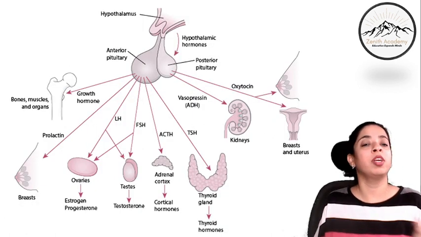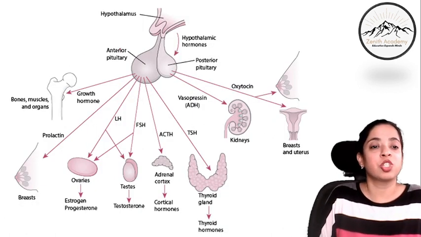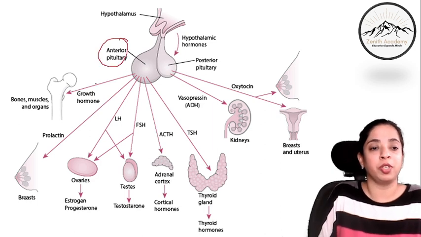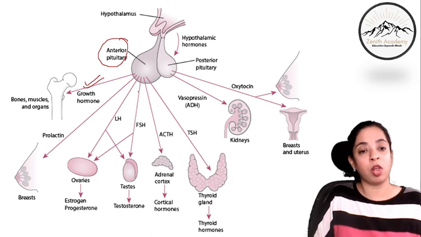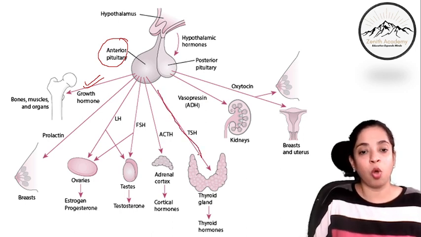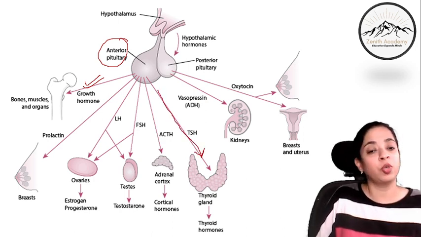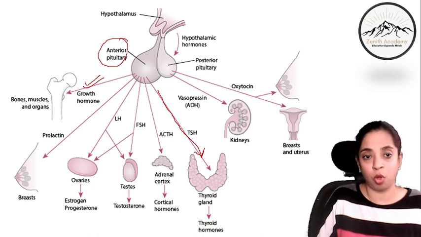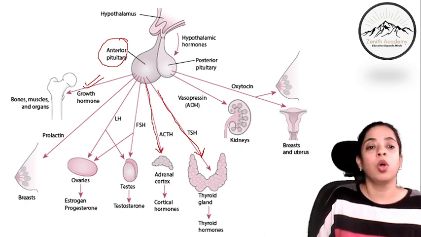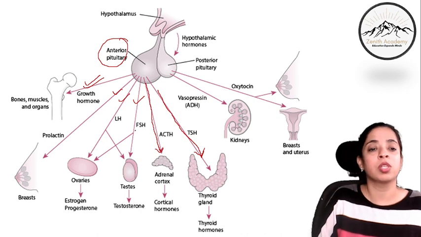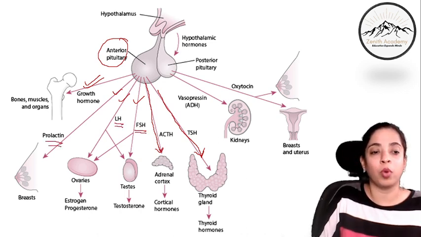So I hope you have understood everything very well. I'll just quickly revise. Anterior pituitary releases growth hormone, very important for the overall growth. Thyroid stimulating hormone, which tells the thyroid to release more hormones. Adrenocorticotropic hormone, which tells the adrenal cortex to release its hormones. Then these all three are your gonadotropic hormones: follicle stimulating, luteinizing hormone, and prolactin.